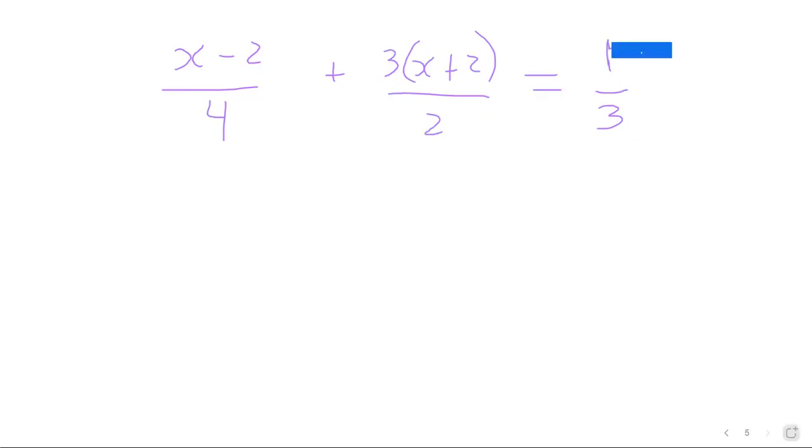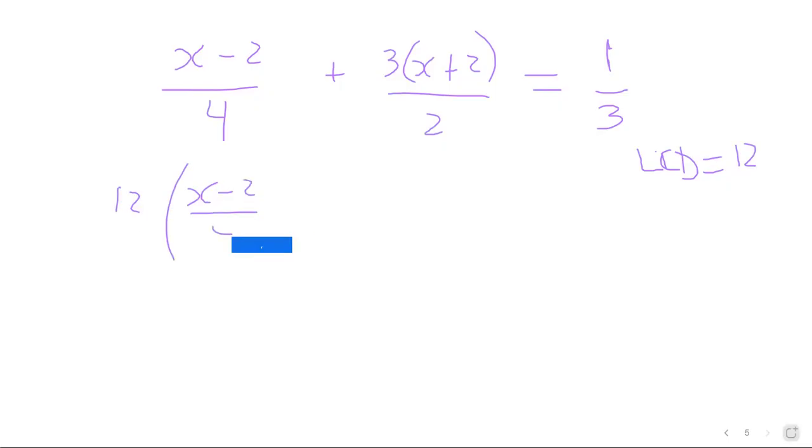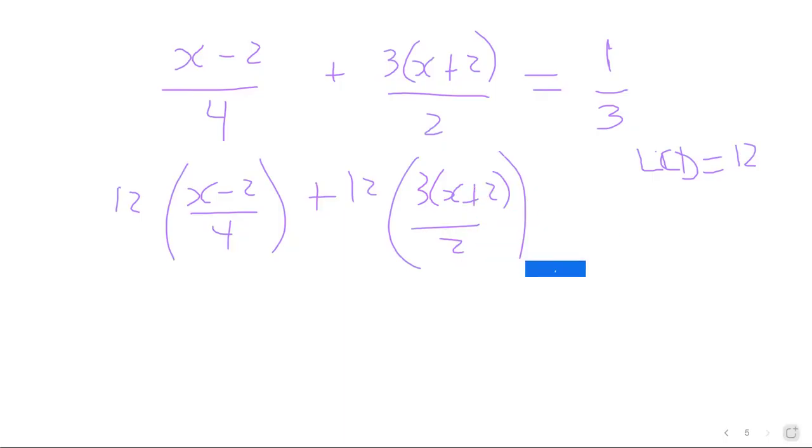So first of all, you've got to find the LCD, and the LCD here is 12. So each term is going to get a 12. So there are 3 terms, so x minus 2 over 4 plus 12 times 3x plus 2 over 2 equals 12 times 1/3.